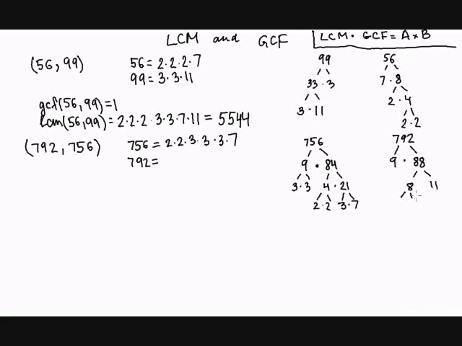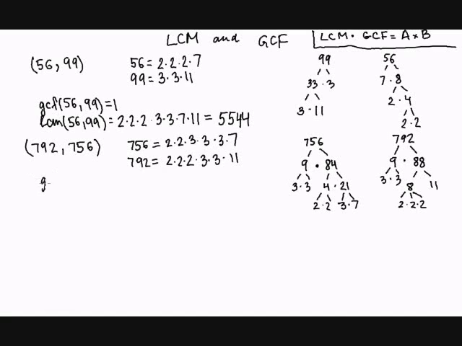And 8 is a product of 2 times 2 times 2. So we have a prime factorization of 792 is 2 times 2 times 2 times, I forgot to do 9, it's 3 times 3. So we have 2 times 2 times 2 times 3 times 3 times 11.